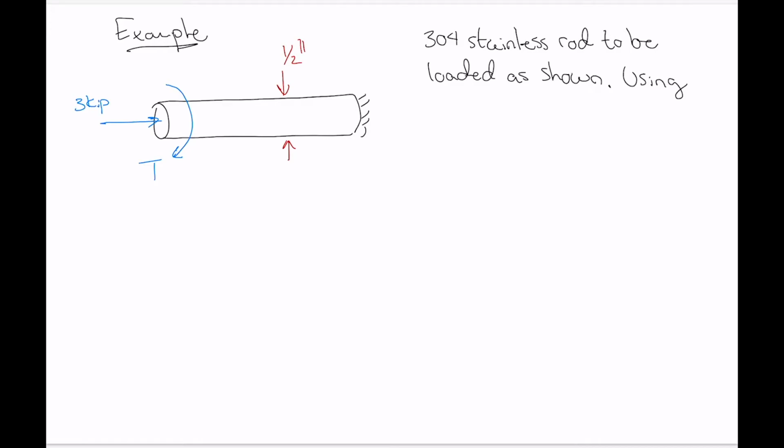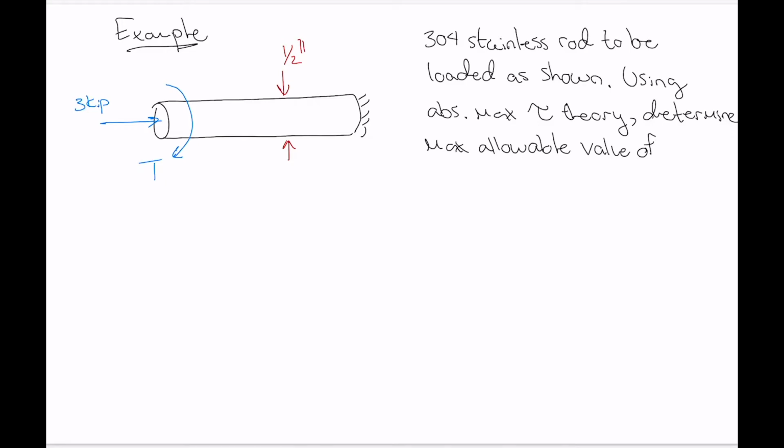So using the absolute maximum shear stress theory, we want to determine the maximum allowable value of T for a safety factor of 1.4.